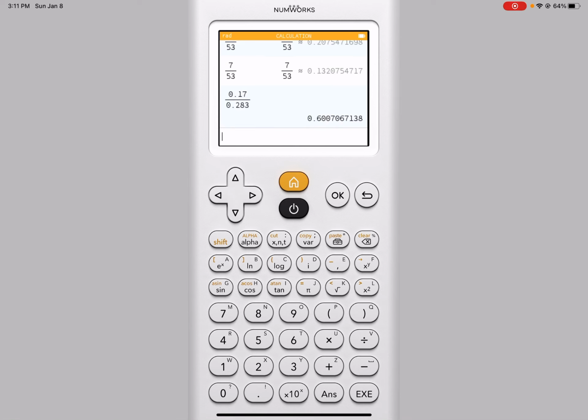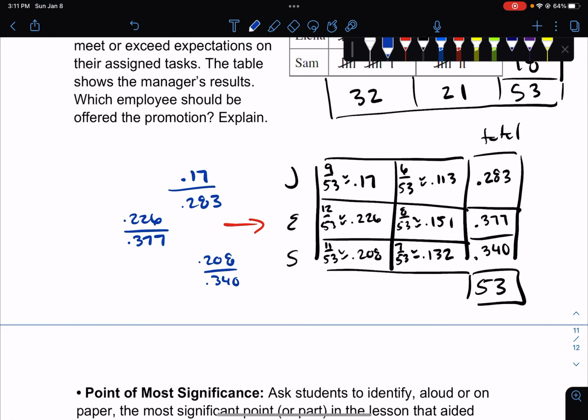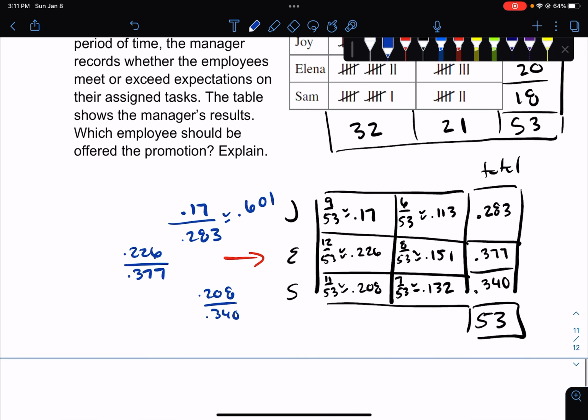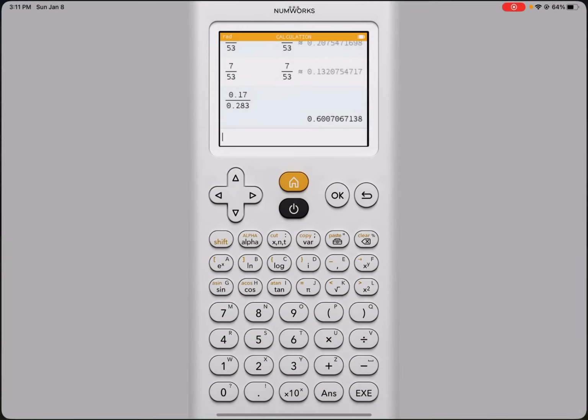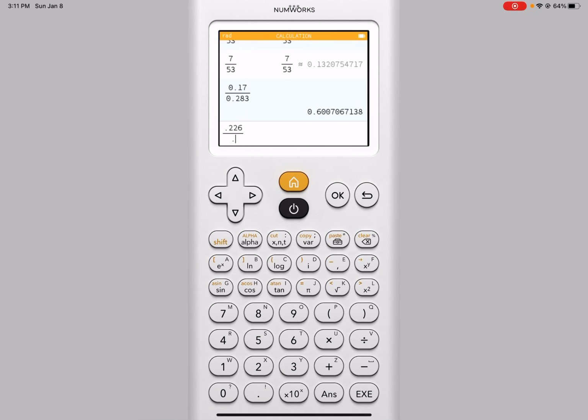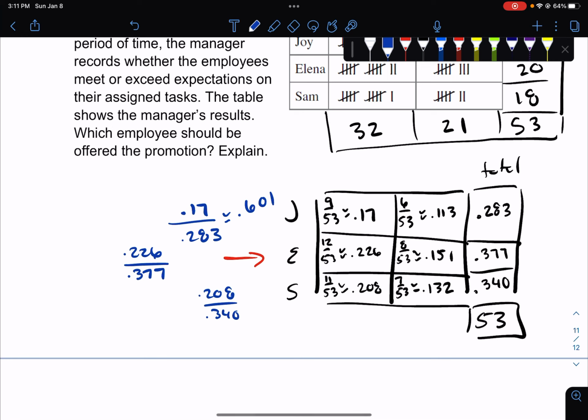So 60.6007. So about 0.601. 60% of Joy's reviews, she was exceeding expectations. So now let's check Elena. 0.226 over 0.377. 0.226 divided by 0.377 is 59.599, which is going to be approximately 0.600.